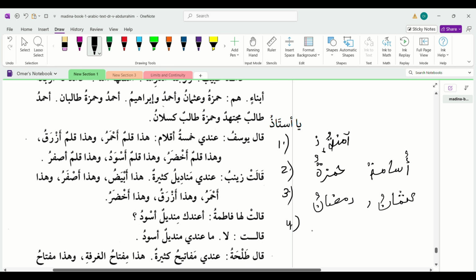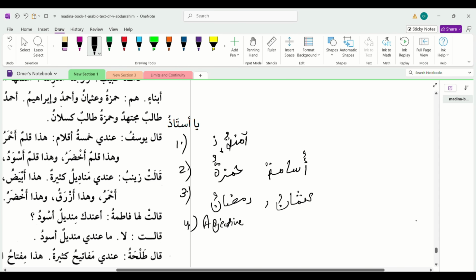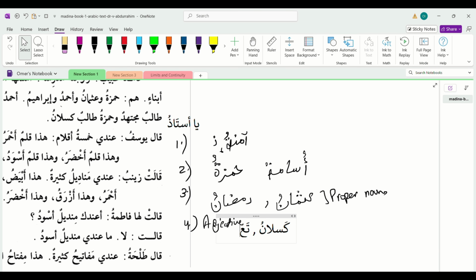So these are the proper nouns. And adjectives on the pattern of, for example, Kaslan, Atshan, كسلان وعطشان وتعبان.